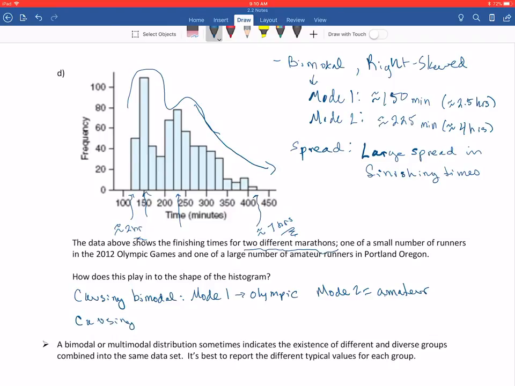I also think that's probably causing the skewness. If you put a bunch of amateur runners in a marathon, you're definitely going to have those few stragglers way out here on the end. They will have some really slow finishers.